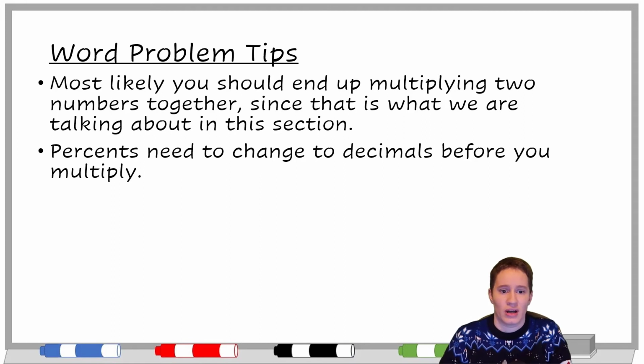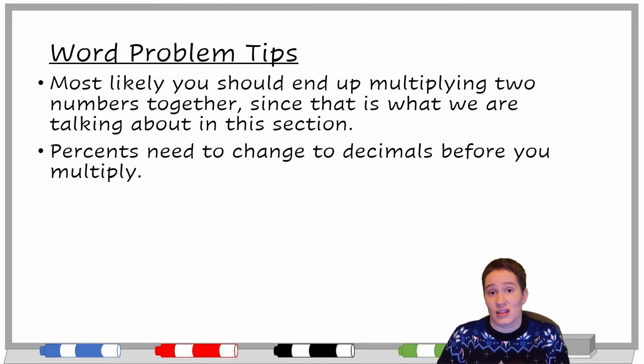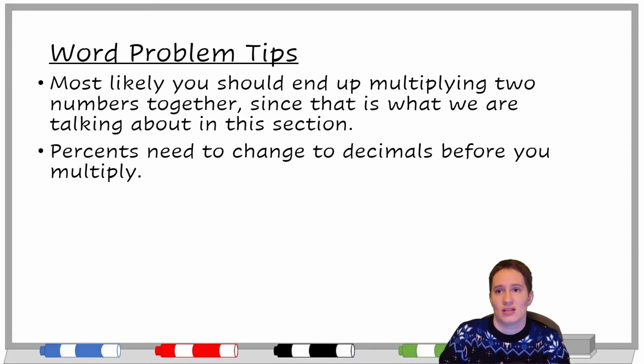So it shouldn't be dividing. Most likely it's multiplying. The other thing is they could put percents in our problems, and so you need to remember to change percents to decimals. You could change it to a fraction, but in this case it's more likely to be helpful to change it to a decimal before you multiply. So that's moving the decimal over 2 places so that instead of having like 30% you would have 0.3, or instead of 56% you'd have 0.56, right?